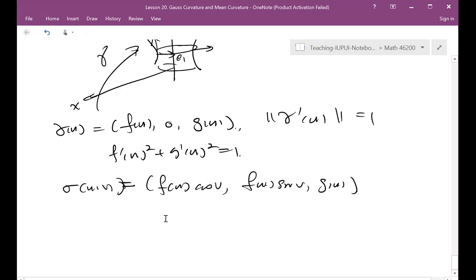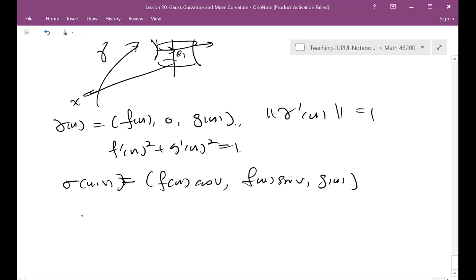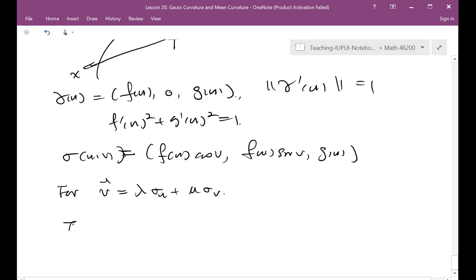And the first fundamental form, for lambda sigma_u plus mu sigma_v, is going to be E lambda squared plus 2F lambda mu plus G mu squared, right?